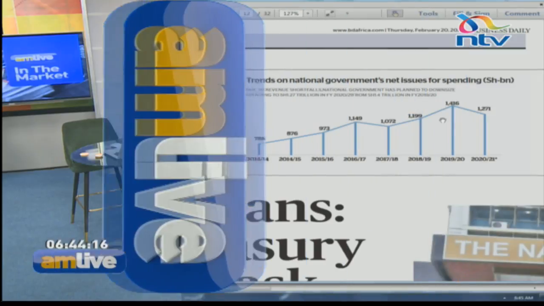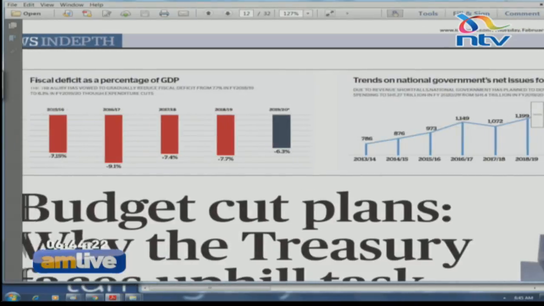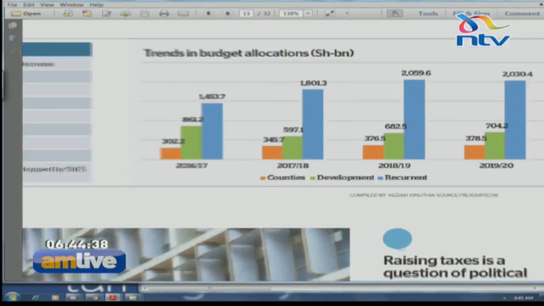There's a graph there, which tells us the trends in budget allocations in billions from financial year 2016-17 up to 2019-20. Not the next one, the same page, not that graph. The fiscal deficit as a percentage of GDP? No, I'm looking at the last one, trends in budget allocations. This is page 12, this is 13. Oh, there we go. Yeah, that one. Expand that. Okay, cool.